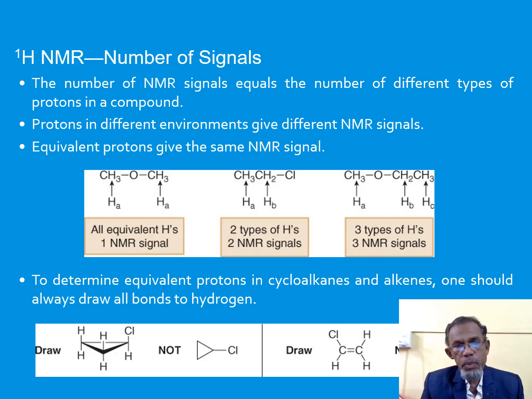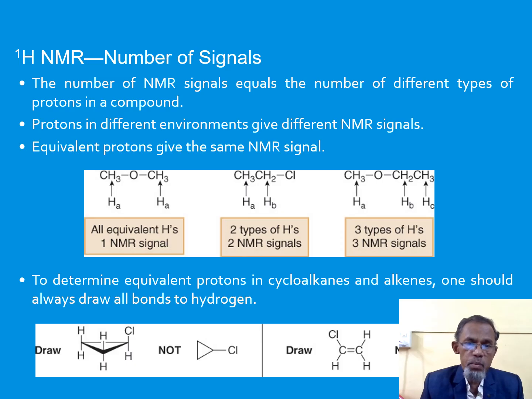Keeping that in view, let us have an introduction to the signals. The number of NMR signals equals the number of different types of protons in a compound. Very interesting point to be considered: the number of NMR signals equals the number of different types of protons in a compound. The protons in different environments give different NMR signals.